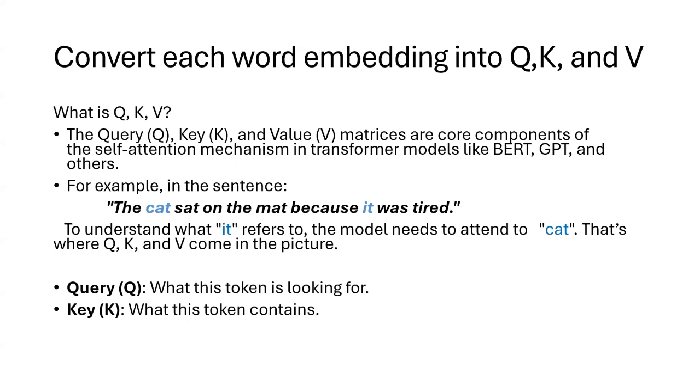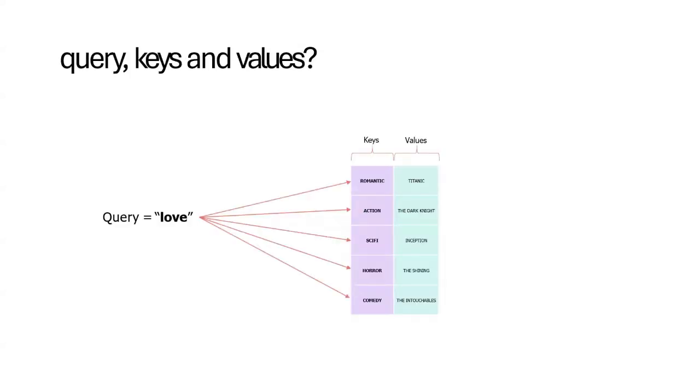As we discussed, query asks what this token is looking for, then key gives you an idea what this token contains, and the actual value is the V. Okay, what I'm trying to say is something like this. If you search on some movie site, what is the movie related to love? So there are different keys, right? A kind of dictionary.